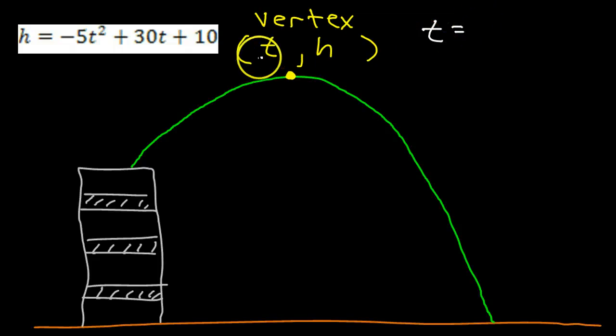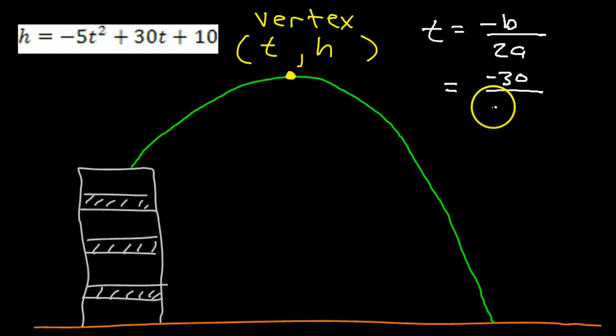Maybe I'll just write down the formula first. Opposite of b over 2a. So that's going to be negative 30 over, and a is negative 5, so 2a is negative 10. So that gives us t equals negative divided by negative is a positive, and 30 divided by 10 is 3.